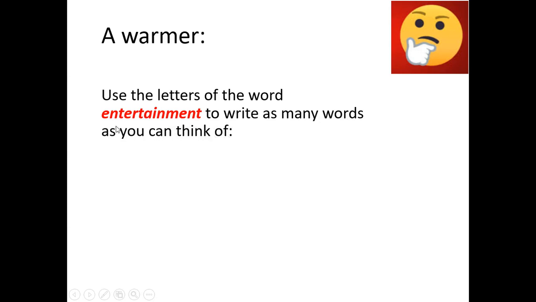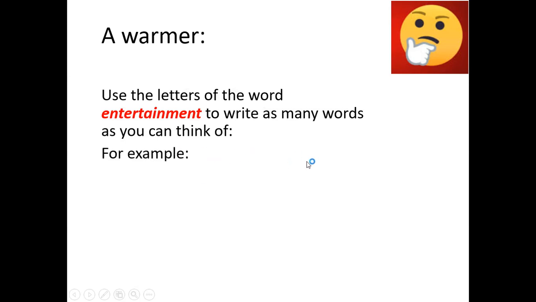If you count the letters of the word entertainment, there are 13 letters, okay? What I want you to do is on a piece of paper, and this is going to be for 3 minutes, write as many words as you can think of.